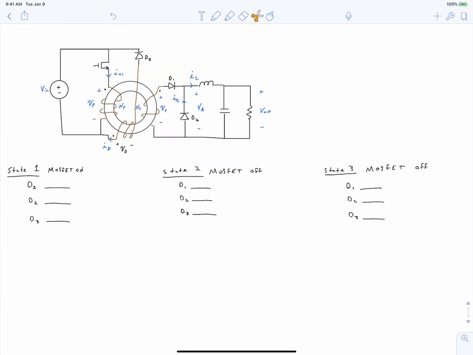So in state 1, our MOSFET is on, and we're going to create rows spanning these three states that show the equivalent circuit of our transformer connected to the primary, the first secondary, which is our demagnetizing coil, and the second secondary, which is actually the output stage of our buck converter.